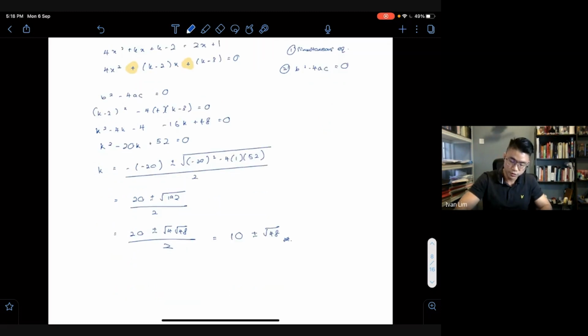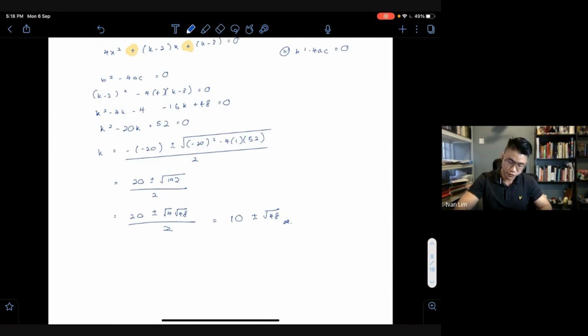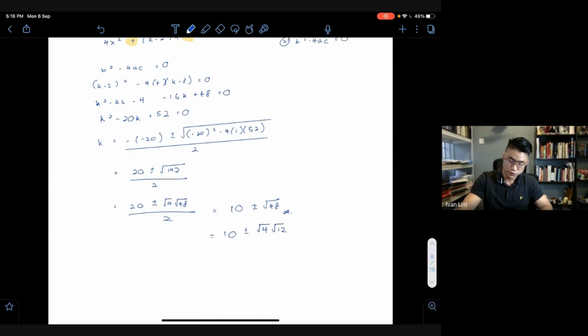Okay, hold on. How come the answer scheme stops here? Let me see, did they ask you to put it in any form? Nope. I think Louis is correct: 2 root 12.